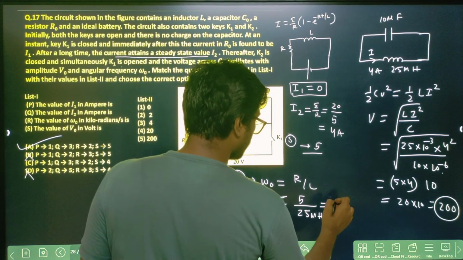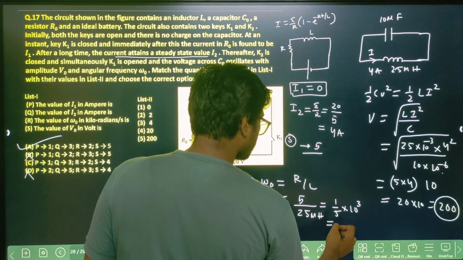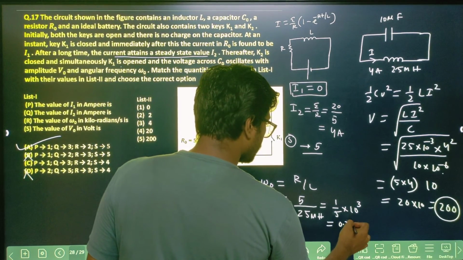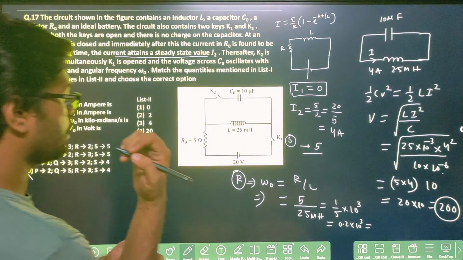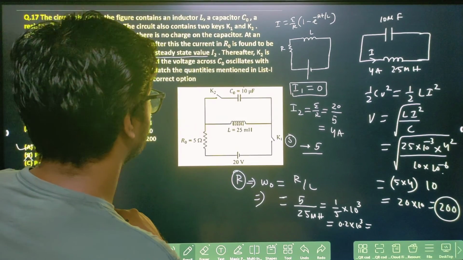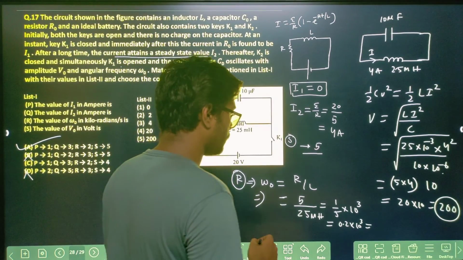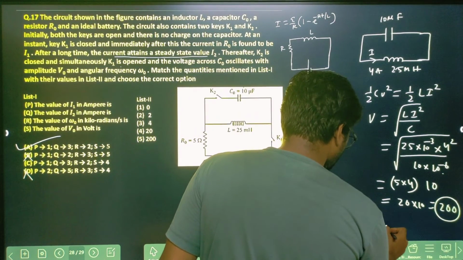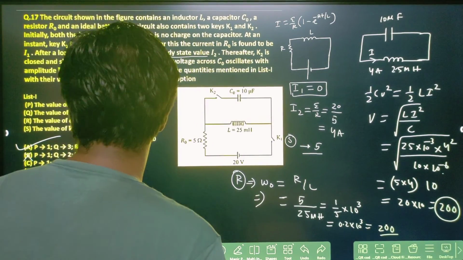So this will be 0.2 into 10 to the power 3, this will be 200.